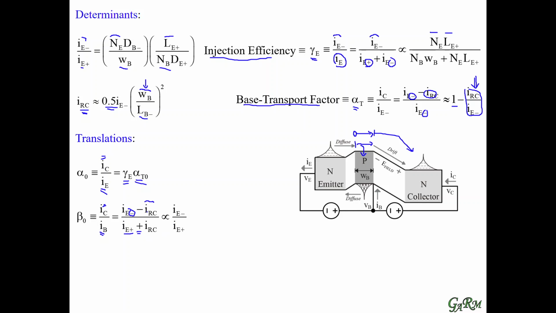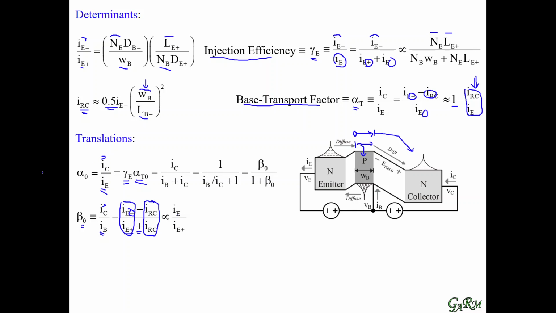But we design this such that the base width is very short, so the recombination current is very low. And then we design it such that we favor electron current over hole current, and we get that this beta can be on the order of about 100. So that's a pretty good gain.